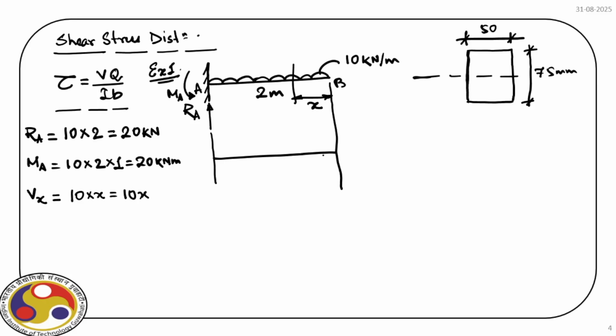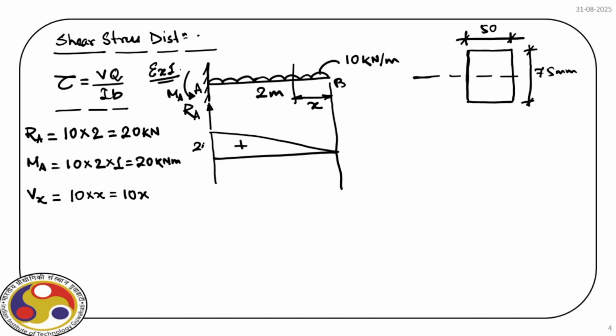That means at x equal to 0, that is the free end, shear force is 0, and when we have x equal to 2 meters, that is the fixed end, we have shear force as 20. And it linearly varies. So if we draw a straight line, and this is positive, right?